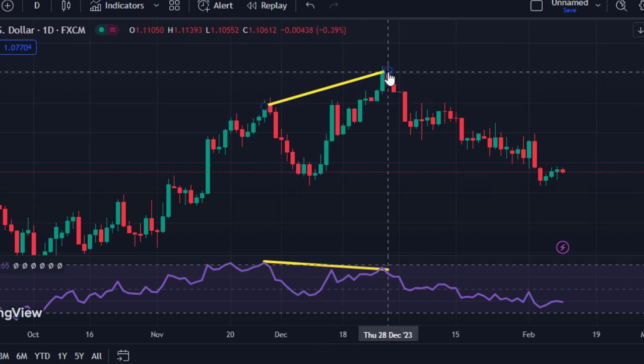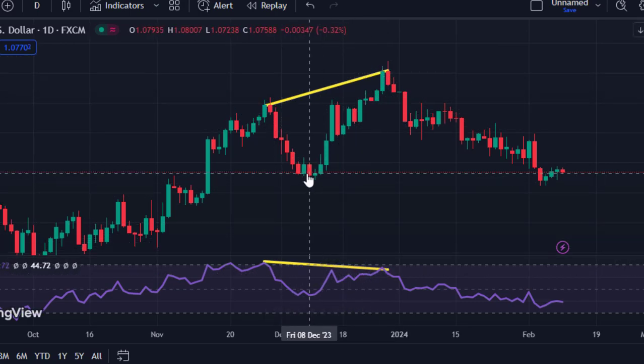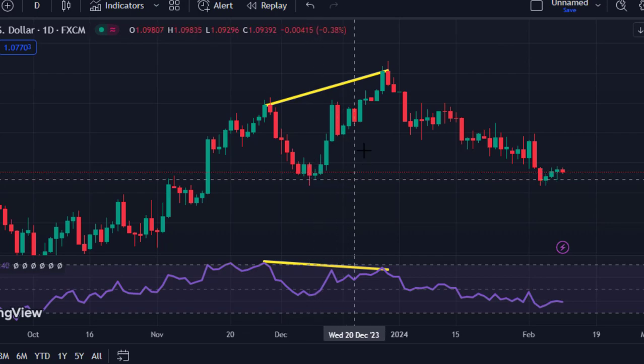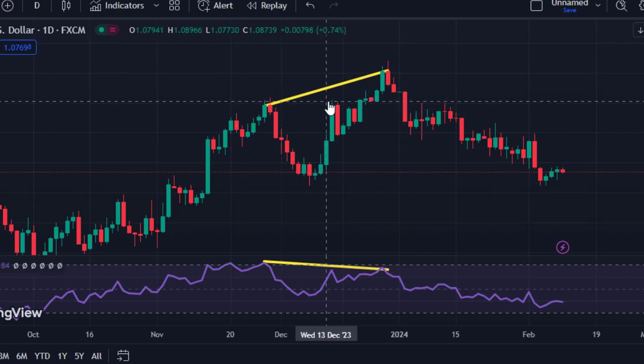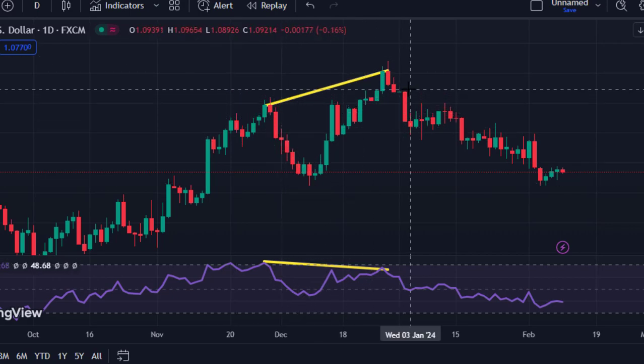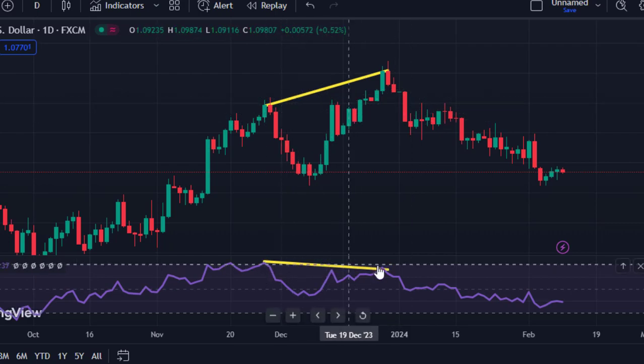Now, this creates a difference between the price chart right here and the indicator. These differences indicate that the market is about to turn. Okay, there will be a change in market trend. So in this case, we call this movement divergence between the price chart and the indicator.